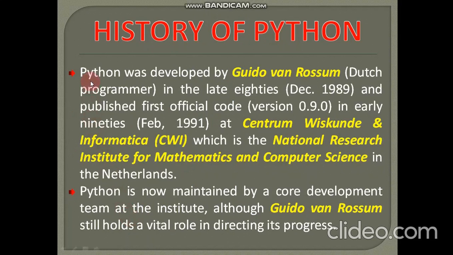History of Python. Python was developed by Guido van Rossum, who was a Dutch programmer, in the late 80s, December 1989, and published the first official code version 0.9.0 in the early 90s, that is February 1991, at Centrum Wiskunde & Informatica, CWI, which is the National Research Institute for Mathematics and Computer Science in the Netherlands.